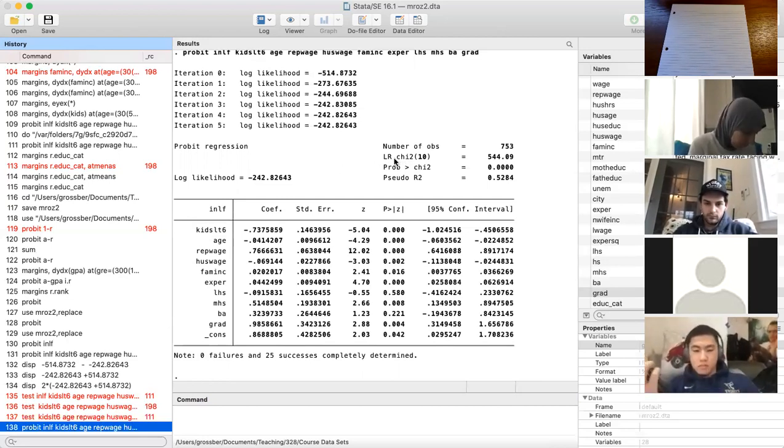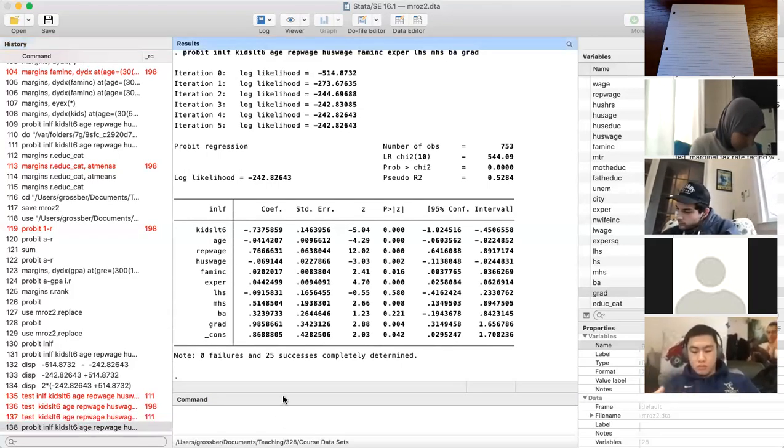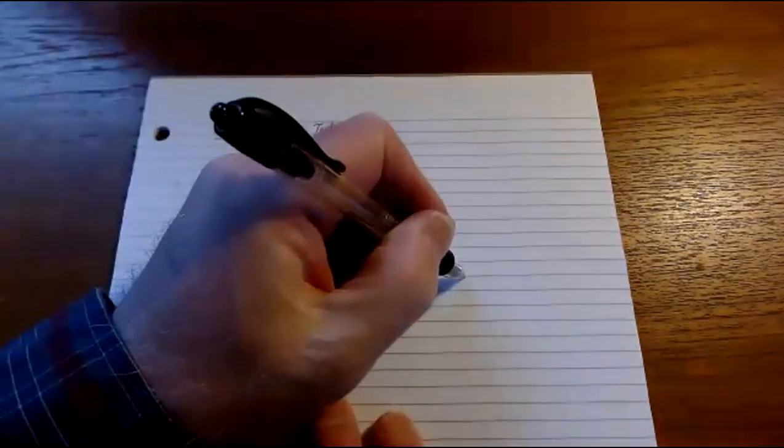Let's talk about likelihood ratio. And I'm going to switch cameras here. There we go. All right. So, likelihood ratio test.